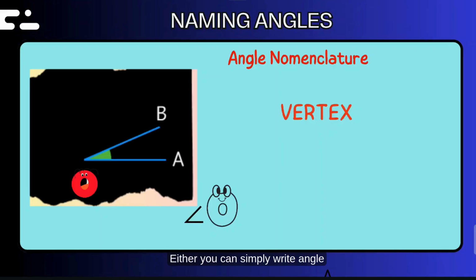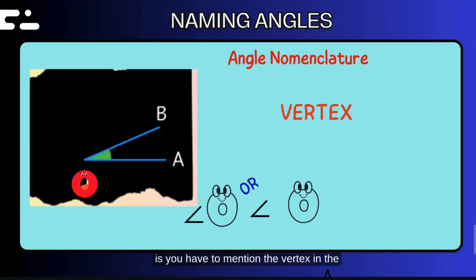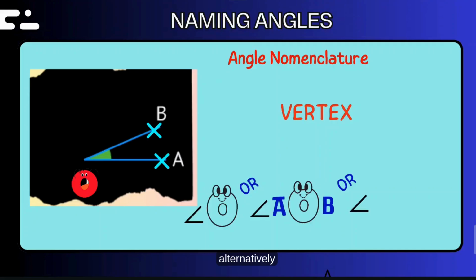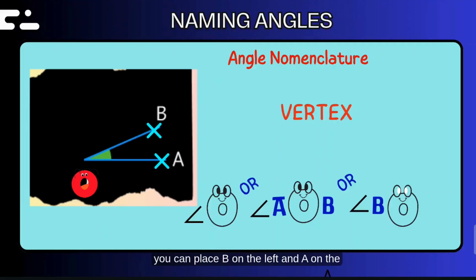Either you can simply write angle O, or you can take the two arms and place them on either side of vertex O. The crucial point is you have to mention the vertex in the center. So, this angle can be named as AOB, or alternatively you can place B on the left and A on the right. All three clearly represent the angle O.